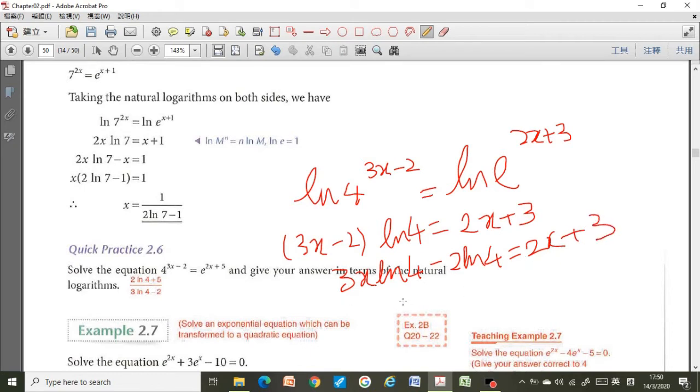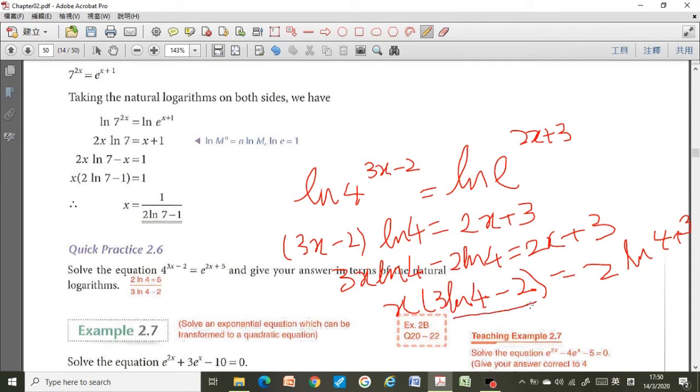Now changing subject, we will have x times 3 log 4 minus 2, because the 2x to the left is minus 2x, and taking out the x, and the right hand side will become 2 log 4 plus 3.